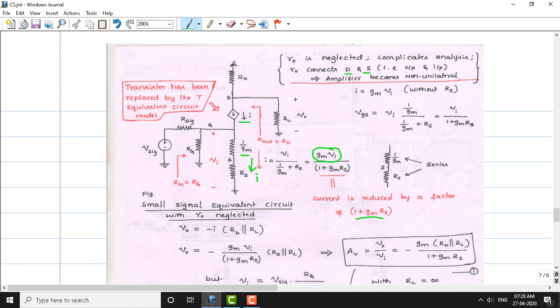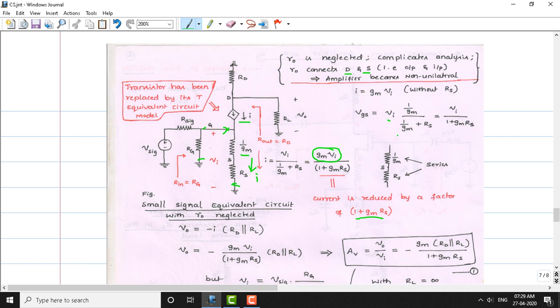Now, this is going to be the current expression. Now VGS, the voltage between the gate and source, can be estimated easily by applying the voltage division rule. So VGS equals VI times 1 by Gm divided by 1 by Gm plus Rs.